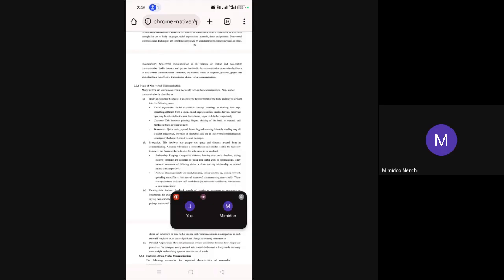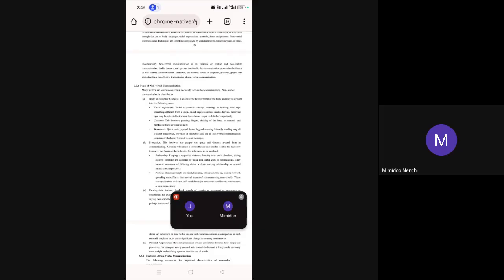Now the next one is proxemics. Proxemics involves how people use space and distance around them in communicating. How you make use of the space and distance around you to communicate.